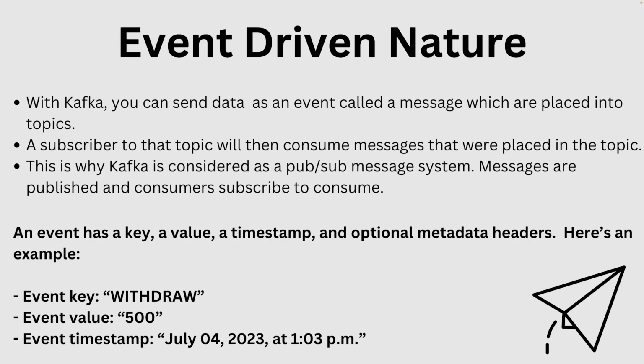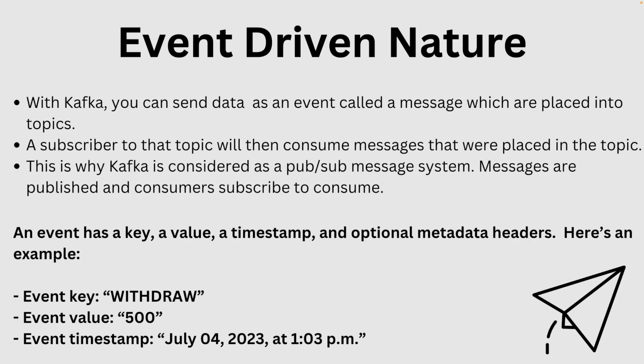We talked about publish and subscribe, right? So with Kafka, you can send data as an event, and it's really just a message, which is placed in things called topics. And just like we saw in the publish-subscribe photo, there's a queue in the middle that handles all the messages that are coming in, and on the other end you have a consumer that consumes information one by one through that queue.